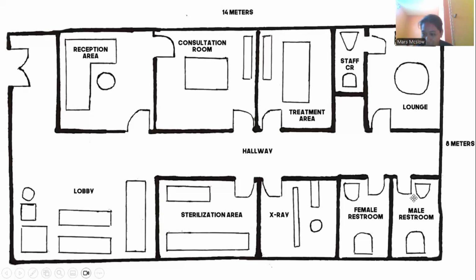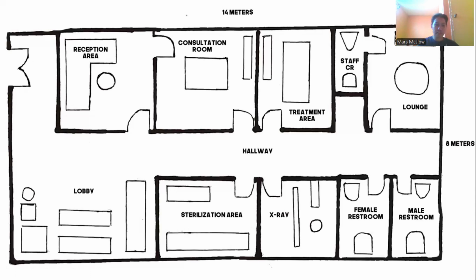We also got the restrooms here, the female and male restrooms, and we also have the resting place for the staff if ever they got tired or there's no patient. So they'll just go back to the lounge to retreat until a patient appears.